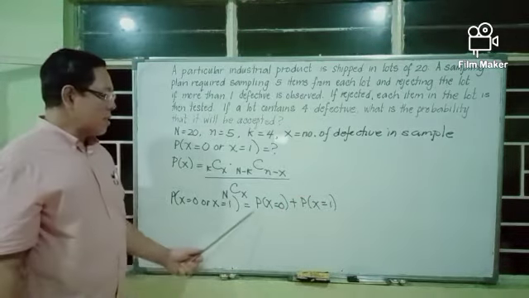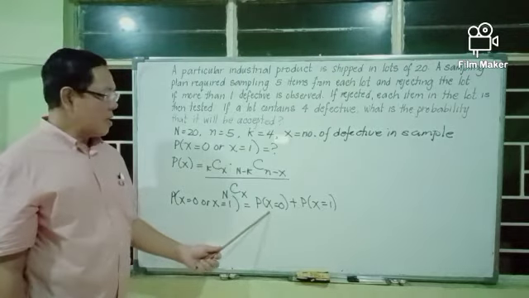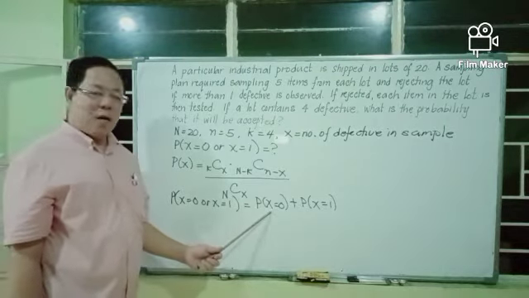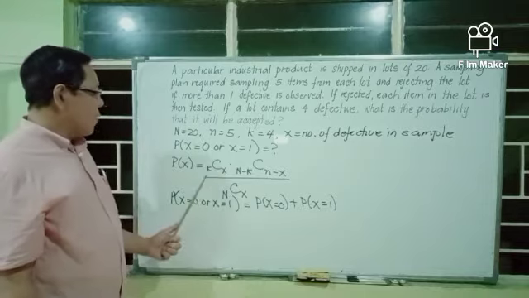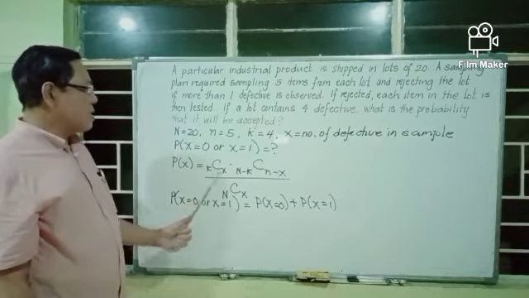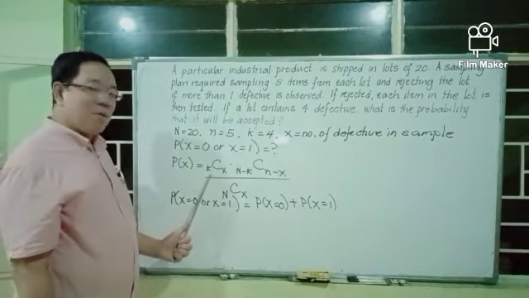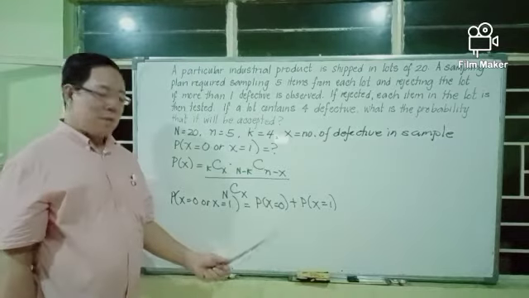For the probability that x is 0, there is no defective item in the sample of 5 items. We apply this formula. K is 4. Combination of 4 taken x, 0.